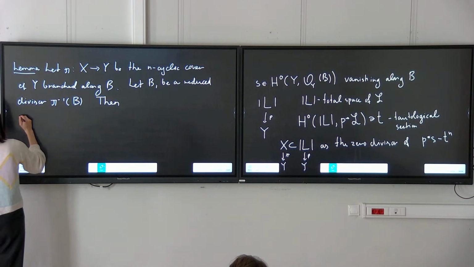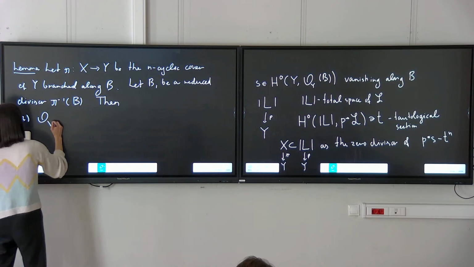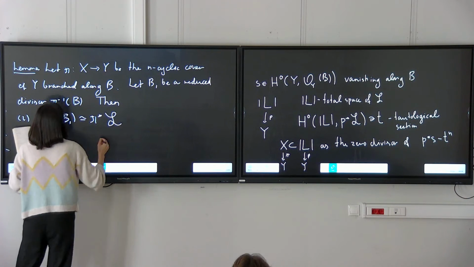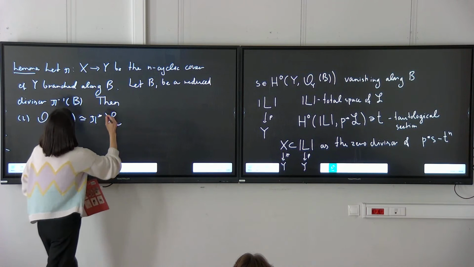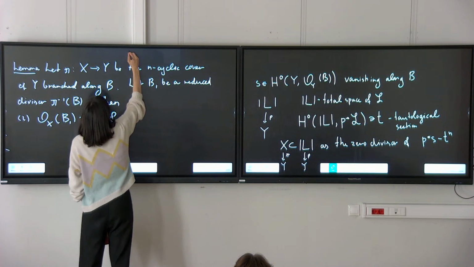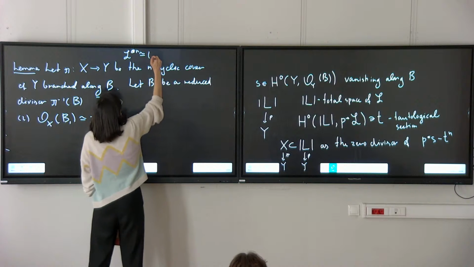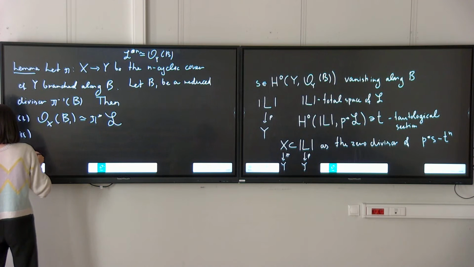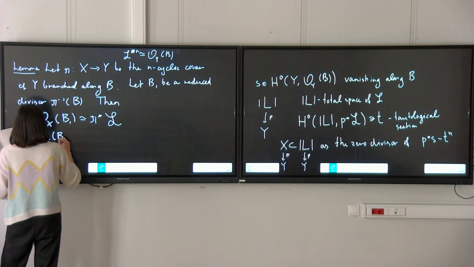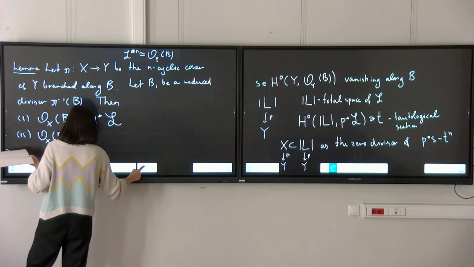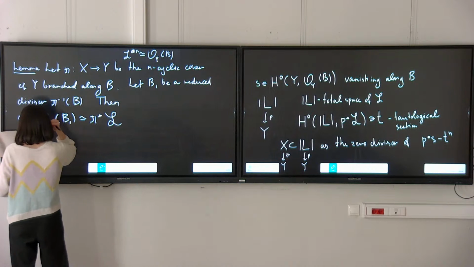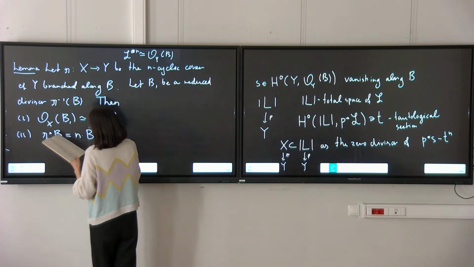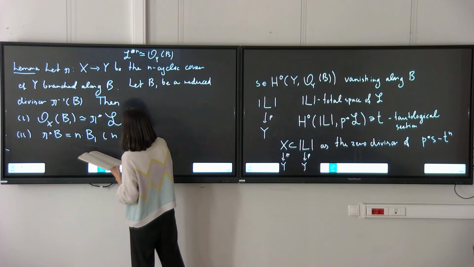Okay. Then O_X(B1) is isomorphic to the pullback of L. The second thing is that the pullback of B is in fact n times B1, so n is the branching order.